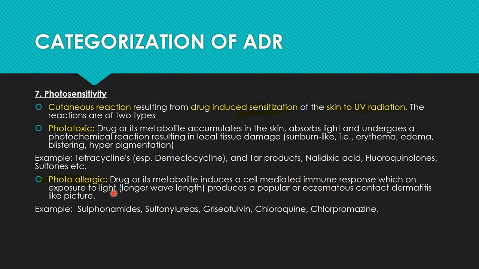So that is causing a very permanent damage. At first what we see is the apparent or external exposure, but the things that are happening here are causing immunity depression or immunity damage. So that is very much concerning, and here the names of the drugs are sulfonamides, sulfonylureas, griseofulvin, then chloroquine, chlorpromazine. These are the examples cited.